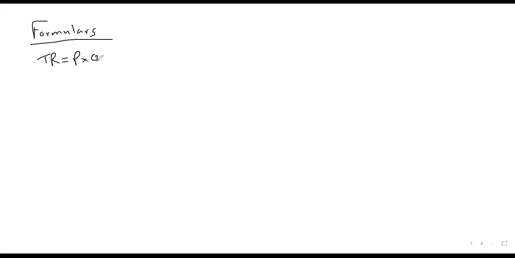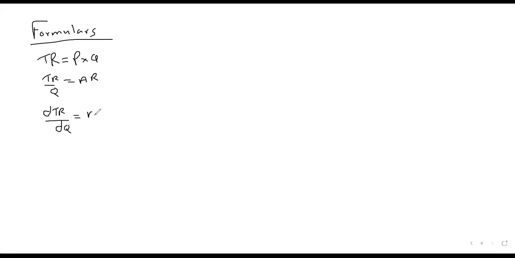Anything divided by quantity is average. So TR, when you divide it by quantity, we can call it average what? Revenue. Then when you differentiate the TR over Q, so the change in total revenue over change in quantity is called the what? Marginal revenue.